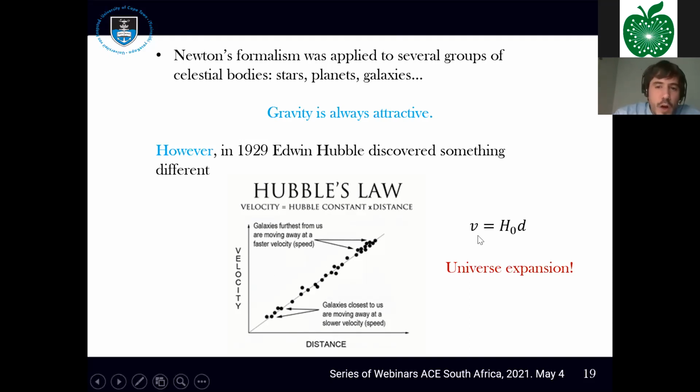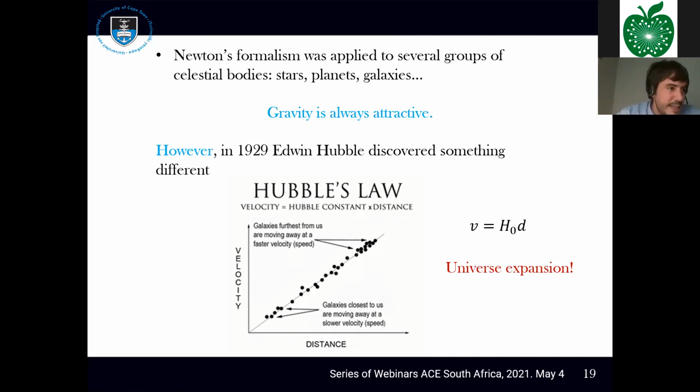This was one of the first results that showed us that the universe is expanding. He measured the velocity of these galaxies, and he observed that the galaxies closer to us move slower than the galaxies far away from us.